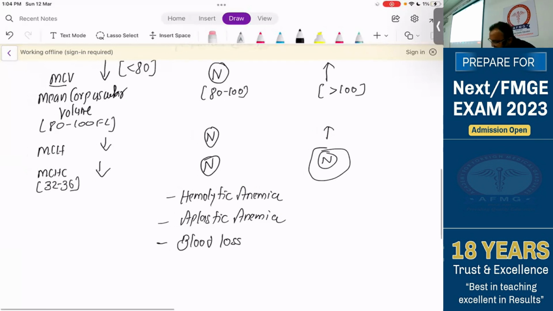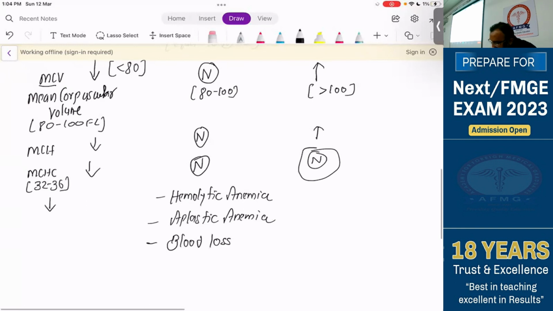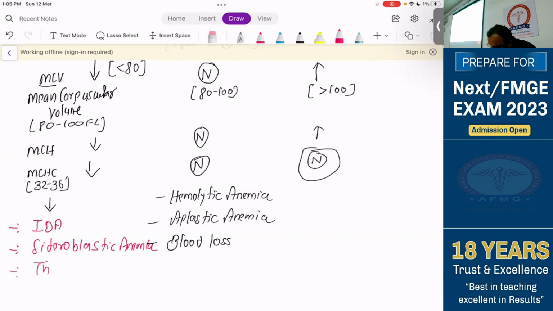Okay, now let's see what are important causes of these microcytic anemias. बताइए, iron deficiency anemia, IDA, sideroblastic anemia, very good. Thalassemia, very good.